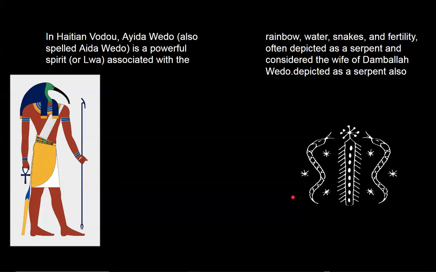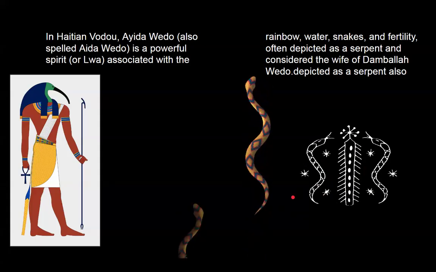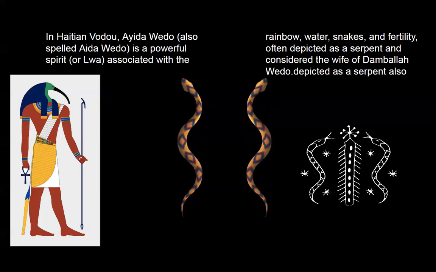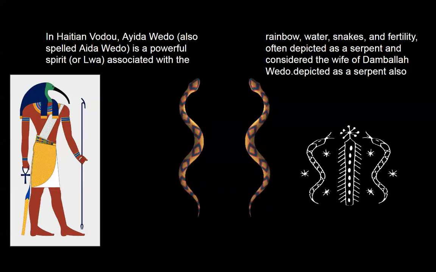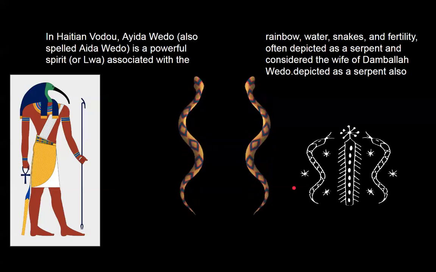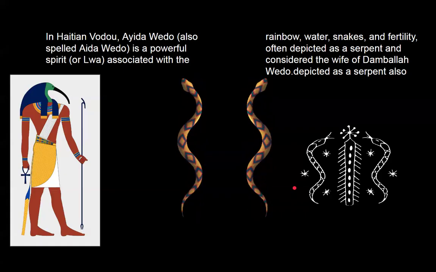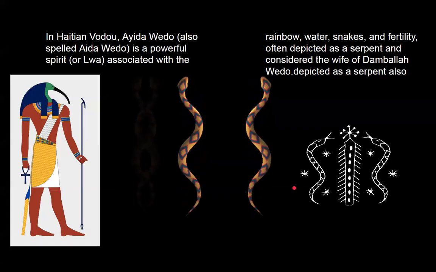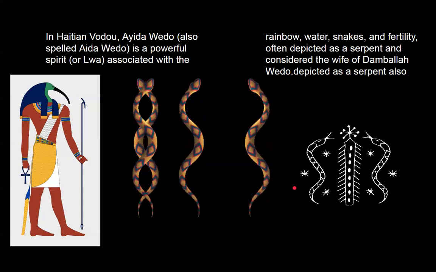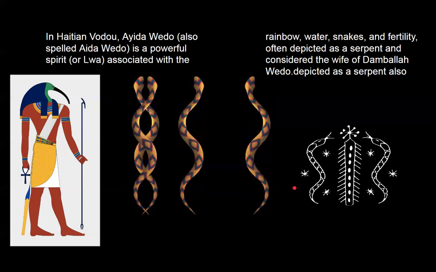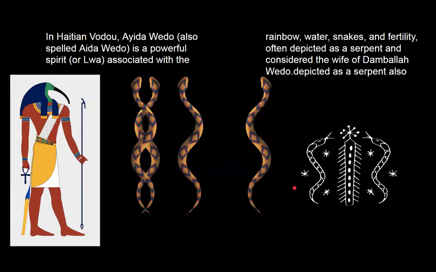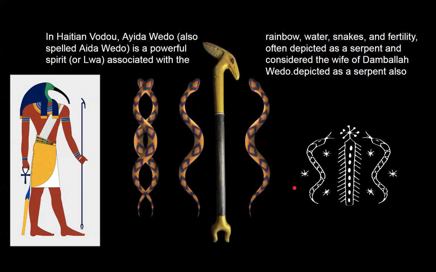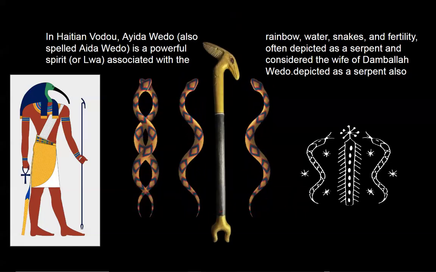All right, so here we have the yin serpent, Aida Wedo and Dambala Wedo, representing the yang and yin forces of nature. And so when we put them together, we get this intertwining serpent energy, right? So down the middle, we have the Wusa staff.